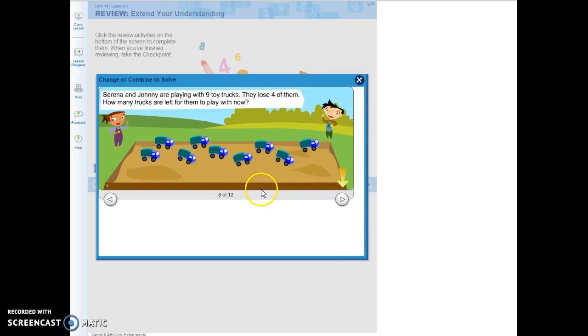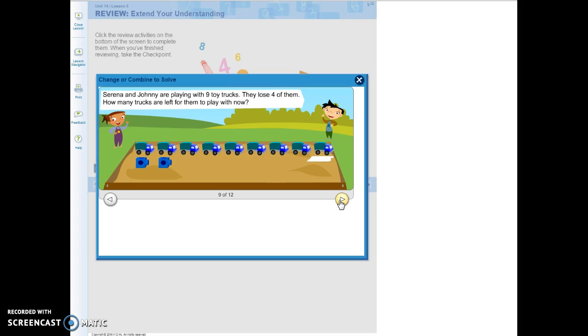Way to go. Serena and Johnny are playing with 9 toy trucks. They lose 4 of them. How many trucks are left for them to play with now? There's 9. And then 4 go away.